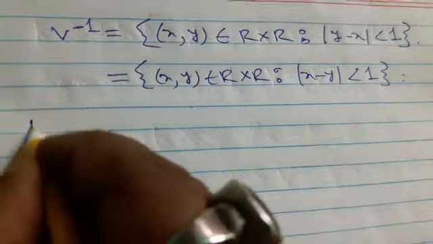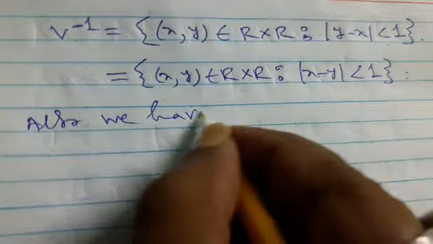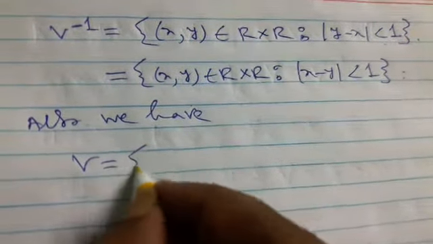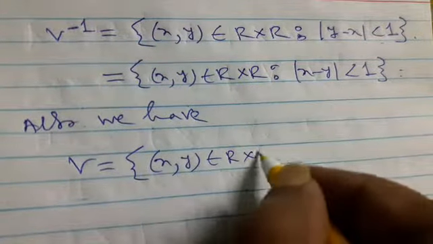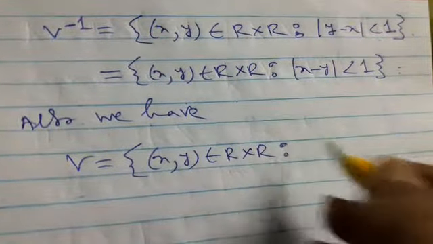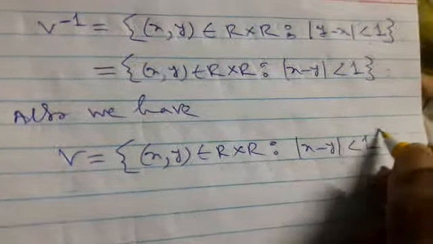And also we have V equal to the pairs (x, y) belonging to R cross R such that mod of x minus y is less than 1.